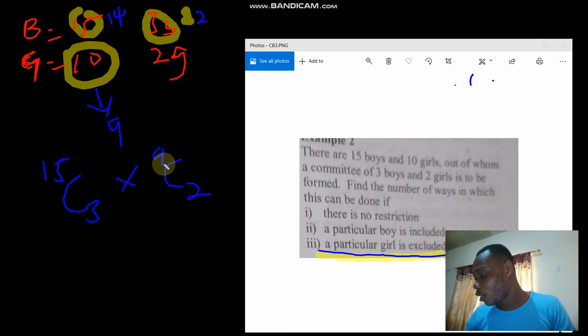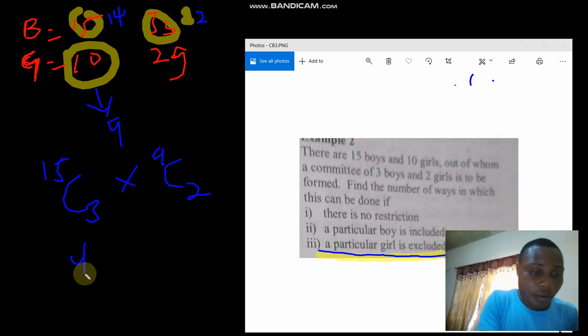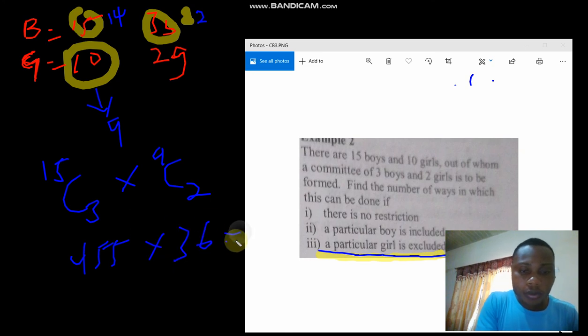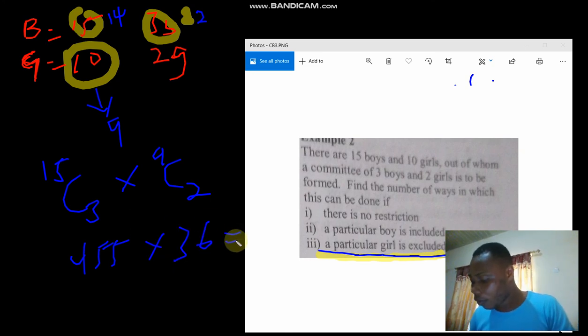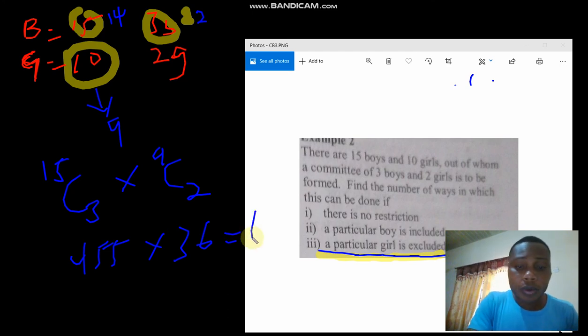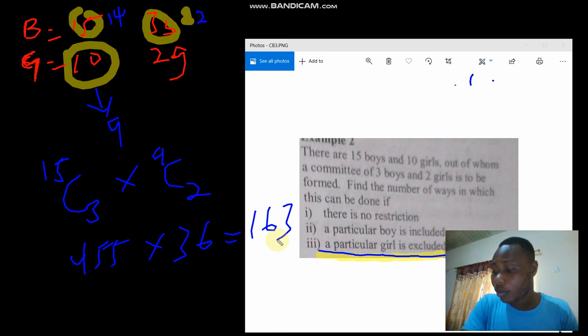If I punch that on my calculator, this one is already 455, and this one should give me 36. So 455 times 36 should give me 16380 ways. That is the number of ways of doing that.